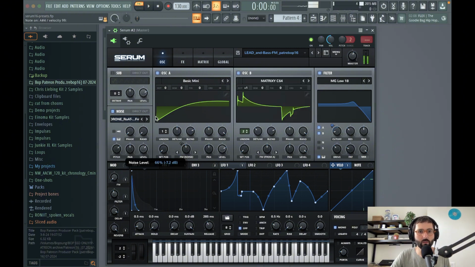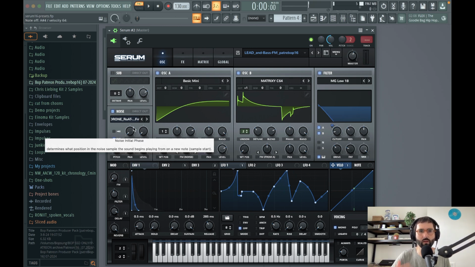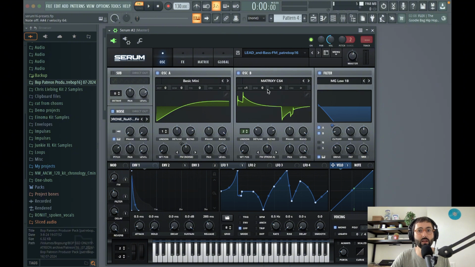Actually, the volume is equal to 0 here, so you don't actually hear the original sound, but it influences the way other oscillators sound. So it's frequency modulating the other oscillators, and that's how it sounds.